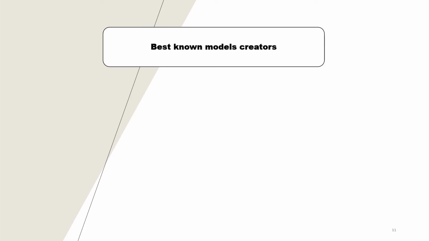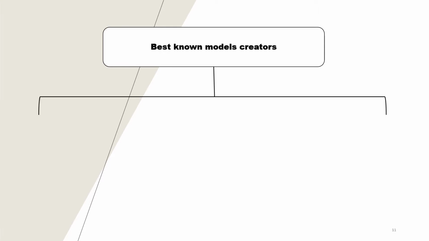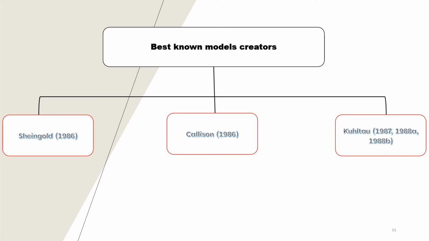A number of process models for library skills instruction were developed during the 1980s. The best known models were created by Stripling and Pitts in 1986, Callison in 1986, and Kuhlthau in 1987, 1988a, and 1988b.